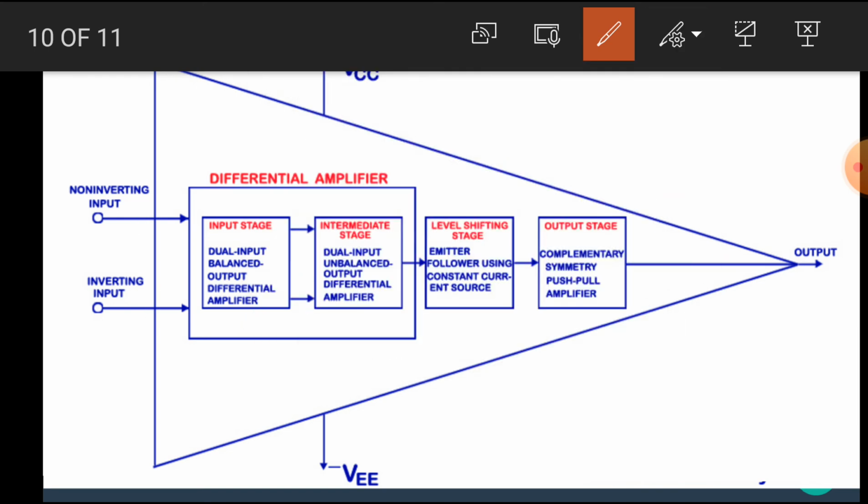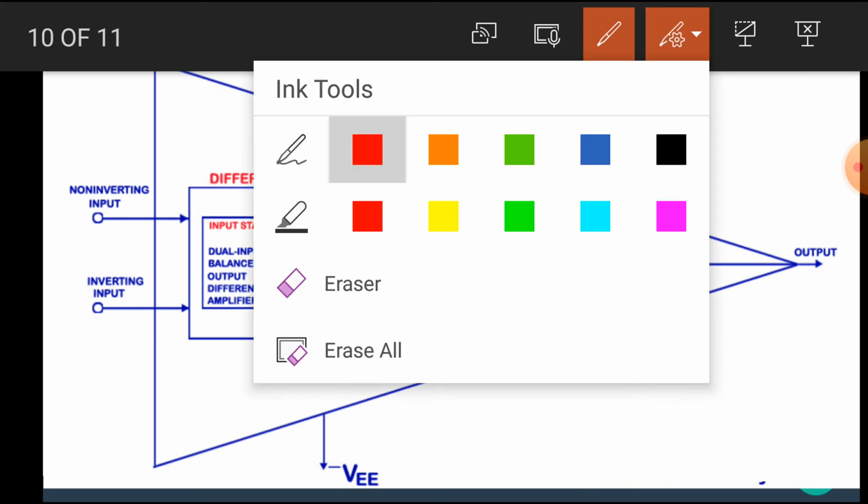Similarly, it is a differential amplifier which amplifies the difference between its input signals. The output of the input stage is given to the input of the second stage, named the intermediate stage, which is dual input unbalanced output. That means it has two inputs and a single output. It is again a differential amplifier. That means it amplifies the difference between these two inputs.